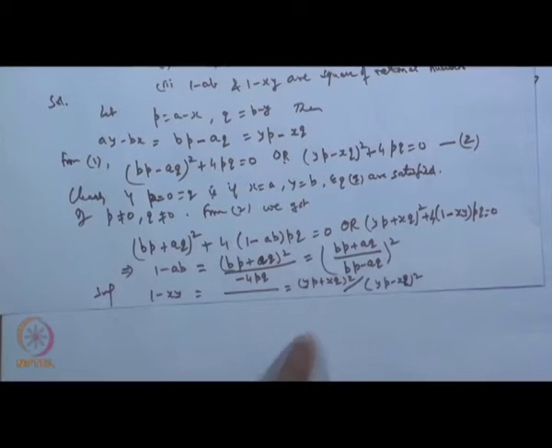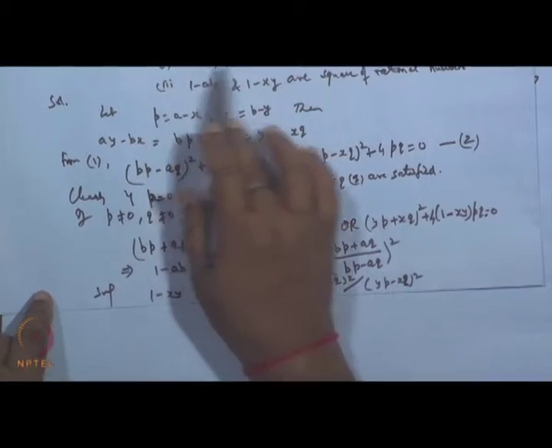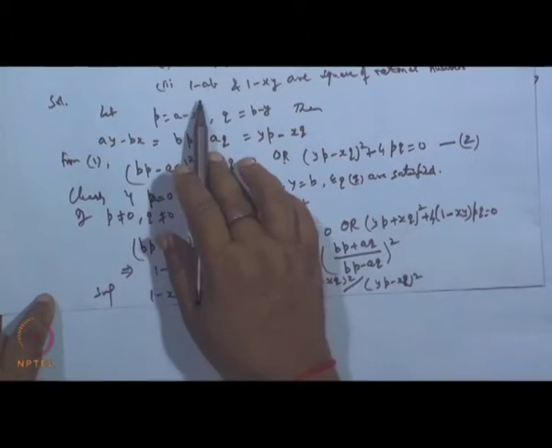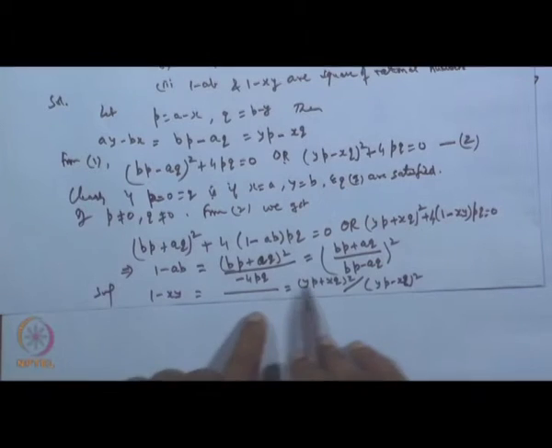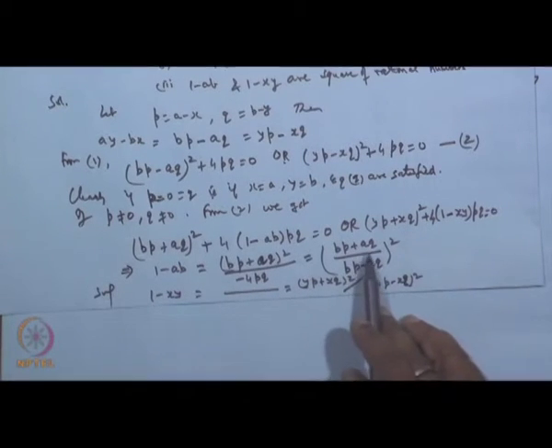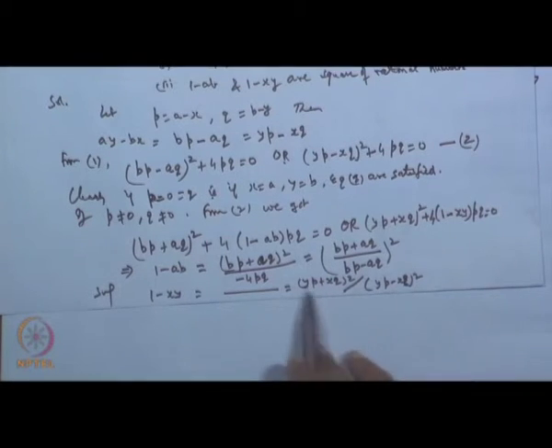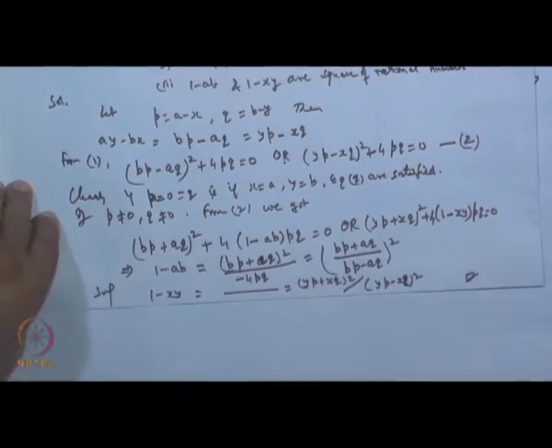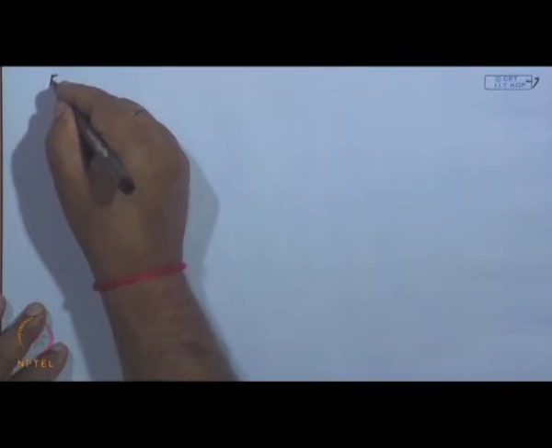So, what we conclude is that if the first is satisfied, then this equation is also satisfied, otherwise 1 minus ab can be written as a square of rational numbers. That is, 1 minus ab is the square of a rational number, 1 minus xy is also the square of a rational number, and that proves the result. Okay. Then let us see the last exercise, which is also an interesting one.